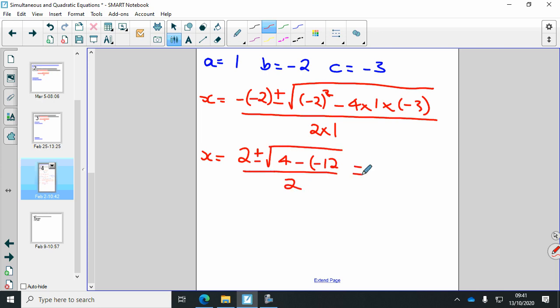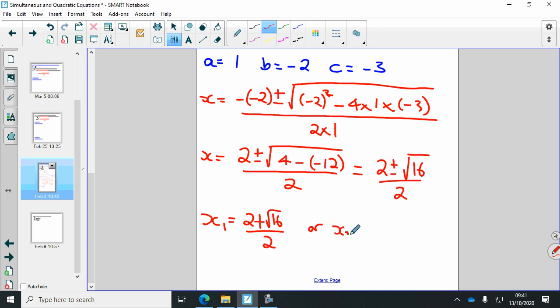All over 2. And then 4 minus negative 12, those two minuses make a plus. So we've got 2 plus or minus the square root of 16 over 2. And then to find our two x answers, we'll call the first one x1. That's going to be 2 plus the square root of 16 all over 2.